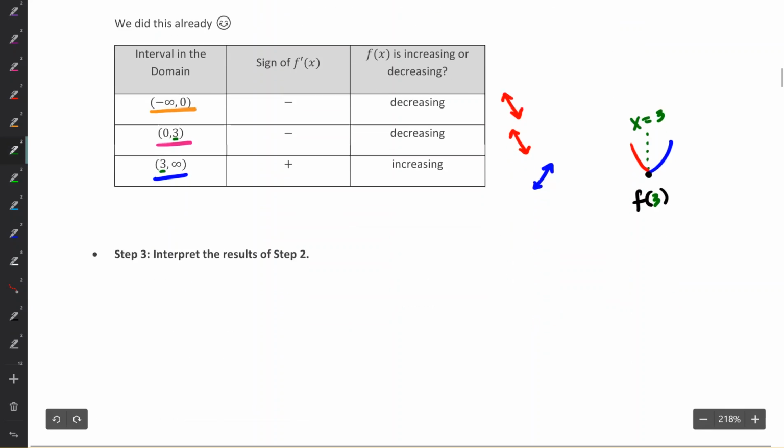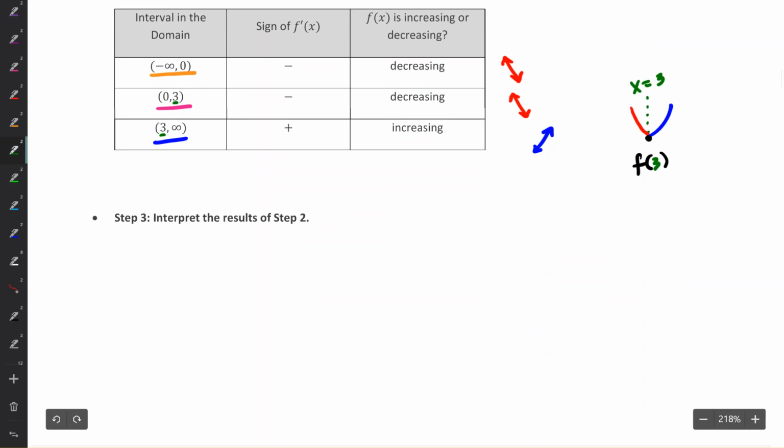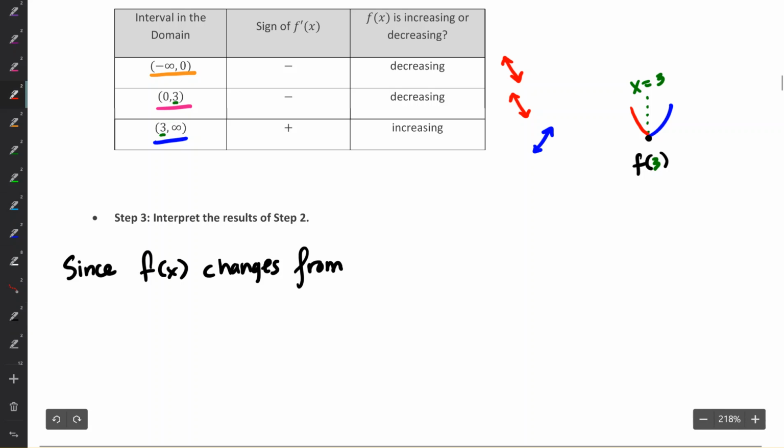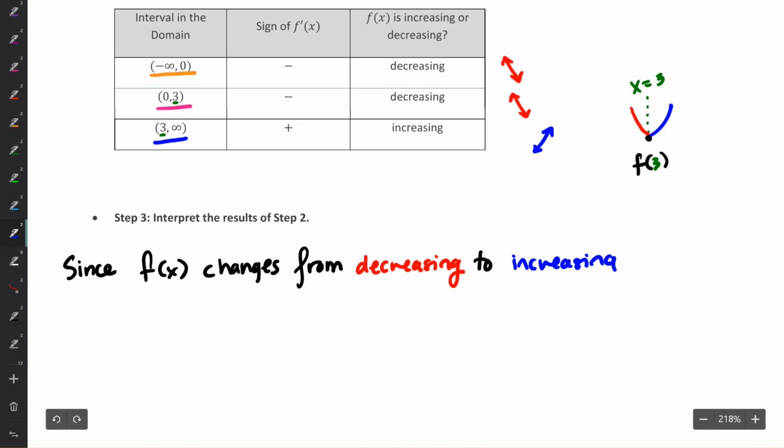So let's just write up those results, which we kind of have already. Since f changes from decreasing to increasing at x equals 3, what must be true?